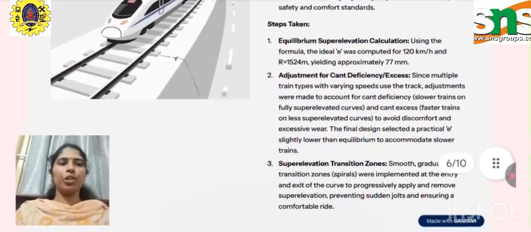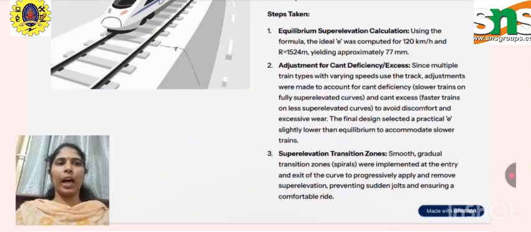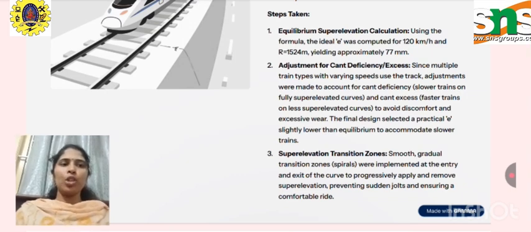Equilibrium elevation calculation. Using the formula, the ideal e was computed for 120 km per hour and adjustment for cant deficiency was made. Since multiple train types with varying speeds use the track, adjustments were made to account for cant deficiency and cant excess to avoid discomfort and excessive wear.